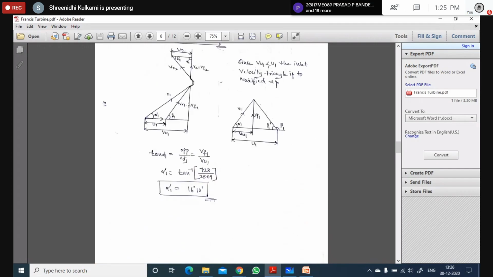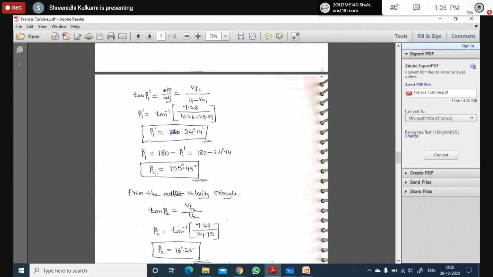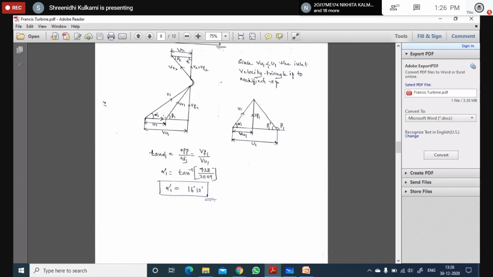Then we want beta 1, the rotor blade angle at inlet. So it is 180 minus this angle. Beta 1 is 180 minus beta 1 dash. So finally we will get 155. But here, just see the velocity triangle.